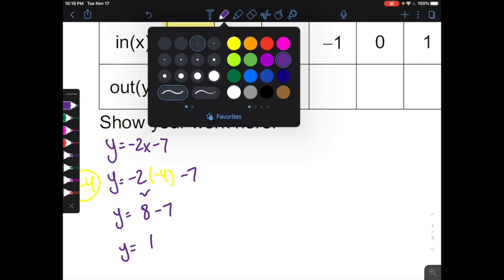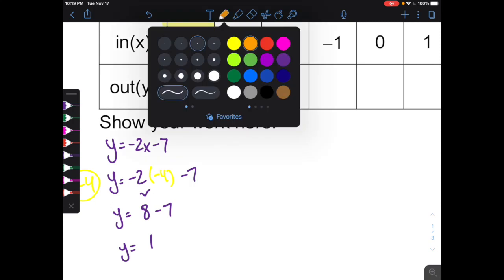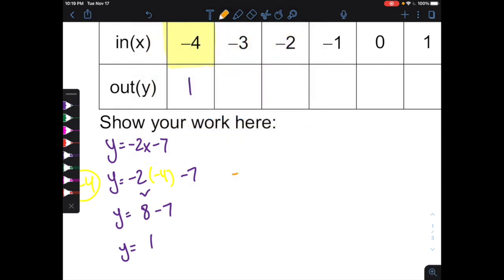Let's go ahead and use a different color. Alright. So going back, I'm going to put negative 3. y equals negative 2 times negative 3 minus 7.